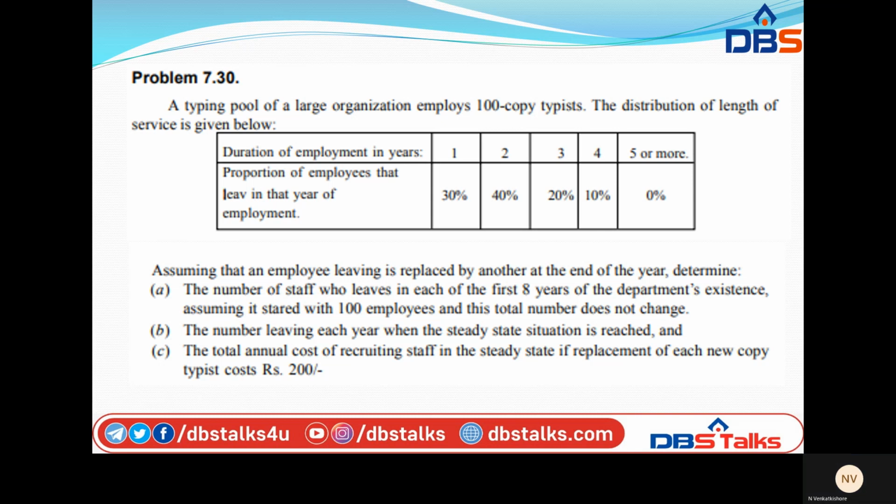So at the end of the year, determine the number of staff who leave in each year of the first 8 years of the department's existence, assuming it started with 100 employees and this total number doesn't change. See, what are the conditions we have here? In an organization, the 100 employees must always be constant.